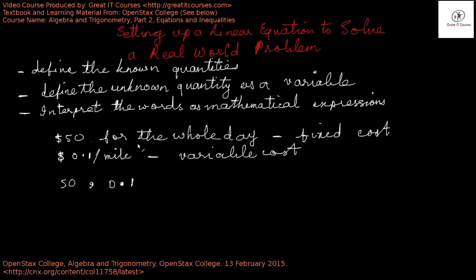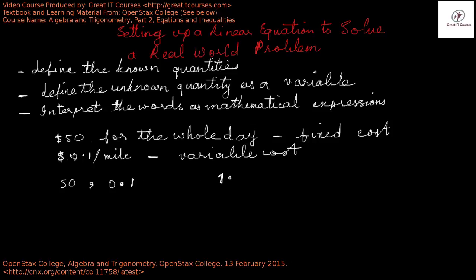And the way to figure out this kind of variable and mix it with the data that you already have is that you could say, for example, if I drive the car for 1 mile, then I'm going to write this as 1 into 10 cents or $0.1.